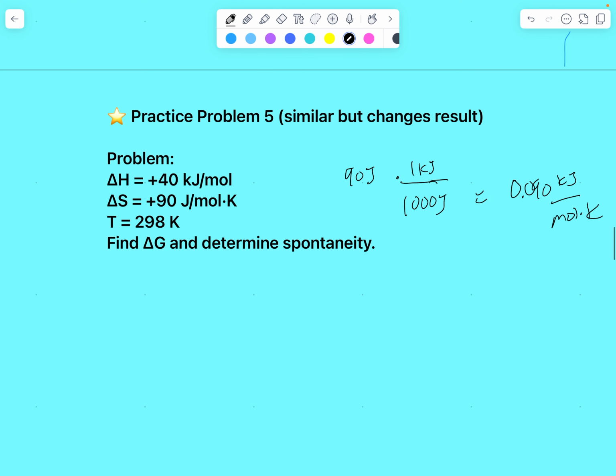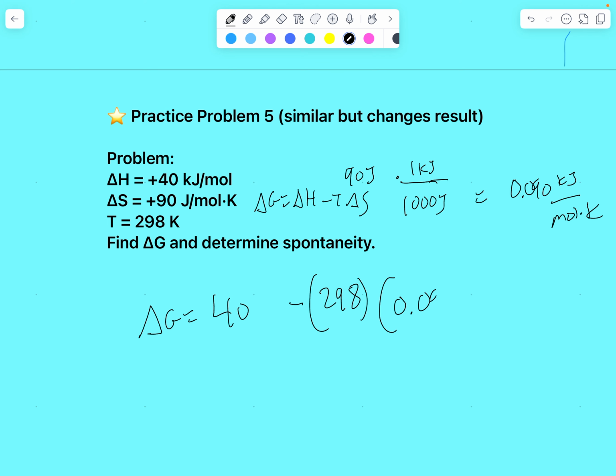And now we're going to plug this into the formula. We're going to say delta G equals 40, because remember, delta G equals delta H minus T delta S, as I like to say it. I treat the triangle like an A. Equals 40 minus 298 times 0.090. I'm going to put the units in there.